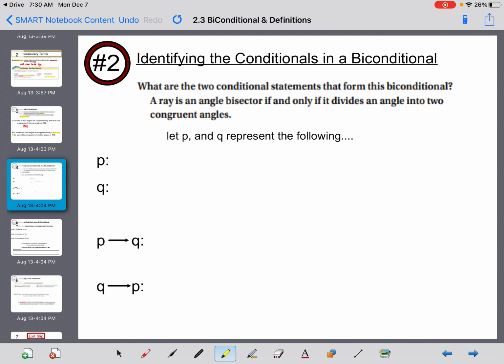Identifying the conditionals in a biconditional statement. What are the two conditional statements that form this biconditional? A ray is an angle bisector if and only if it divides an angle into two congruent angles. So let P and Q represent the following. Well, P is going to be a ray is an angle bisector. That's the first portion of this biconditional statement.